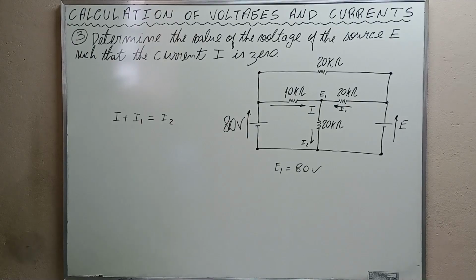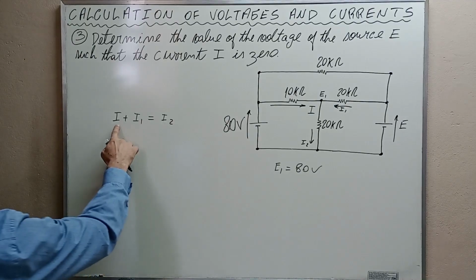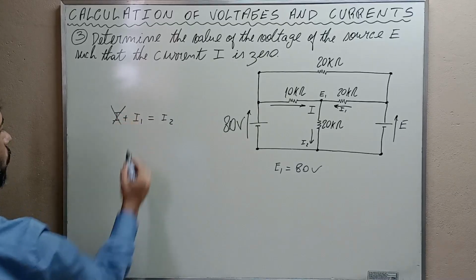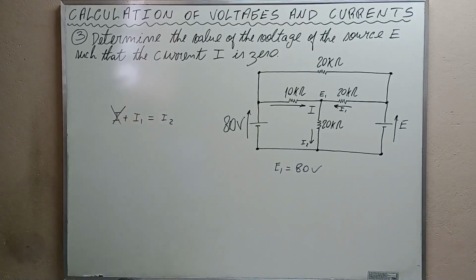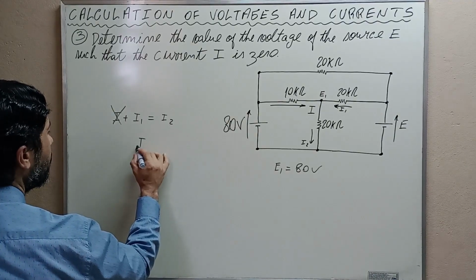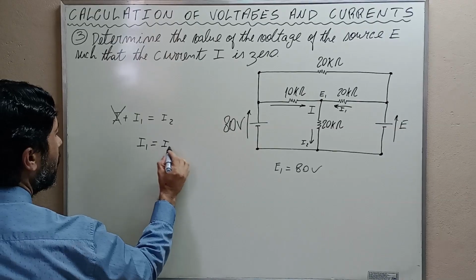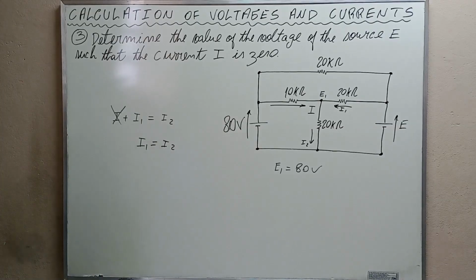We already know that I is equal to 0. This is the requirement of the exercise. In this way, I1 must be equal to I2.